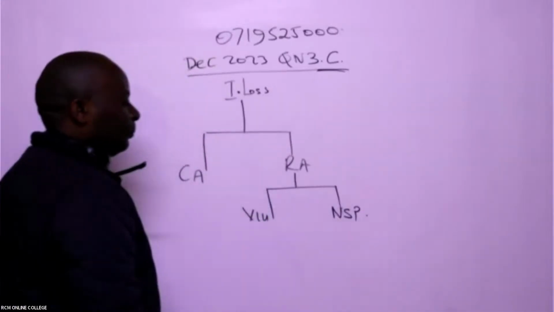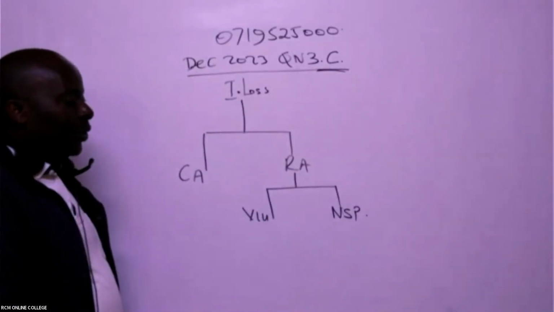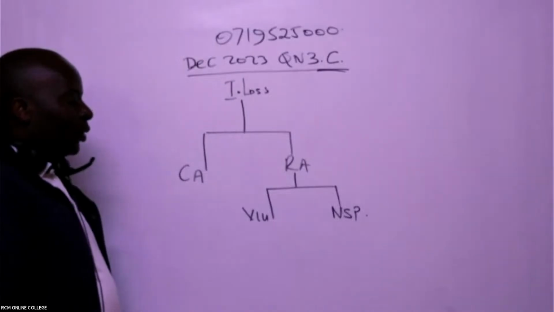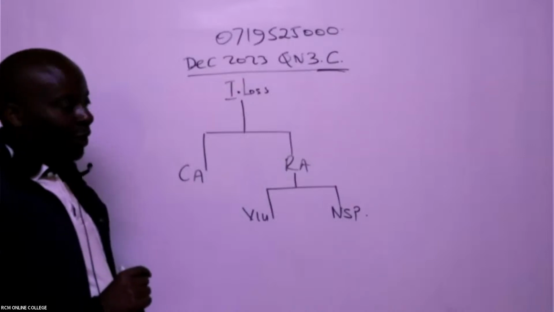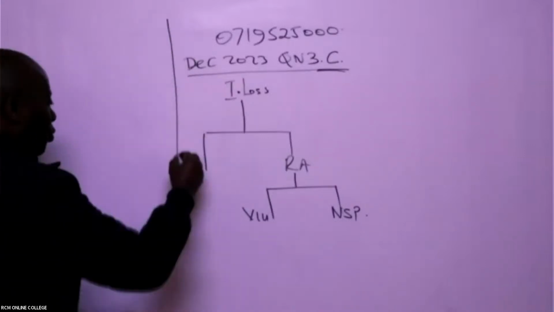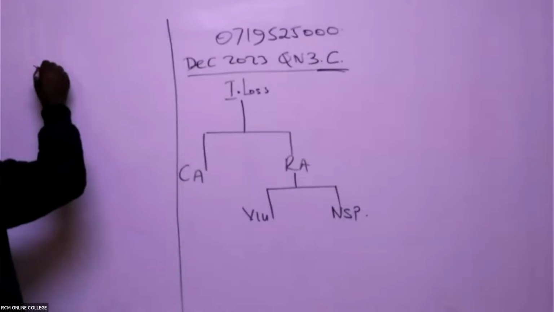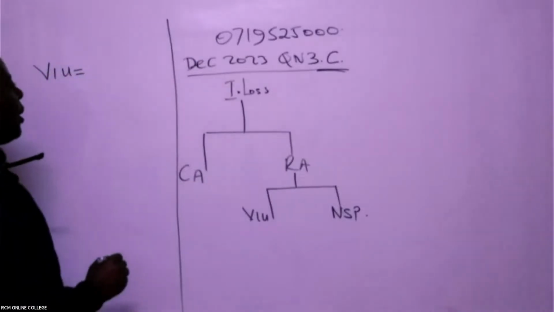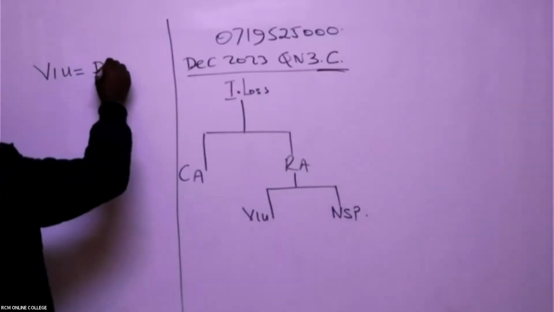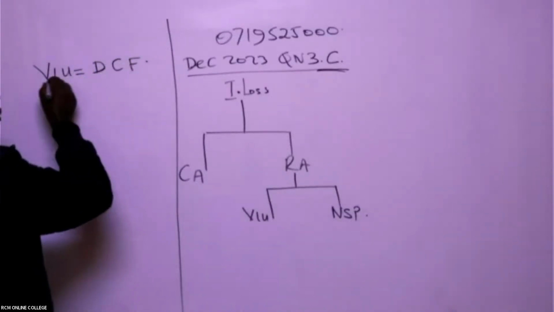So I'll get the VU first. And how do we get this VU, my friends? To get this value in use, remember these are discounted cash flows.